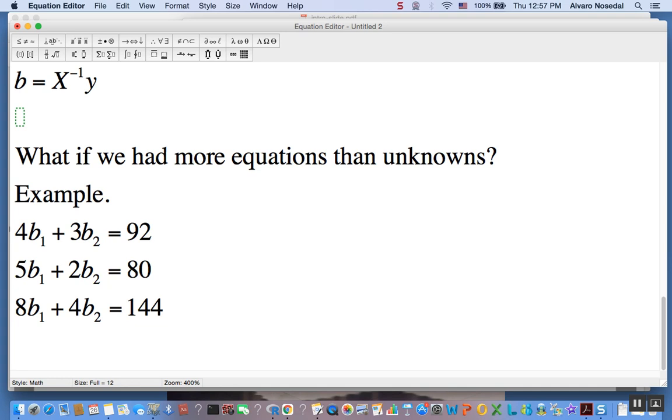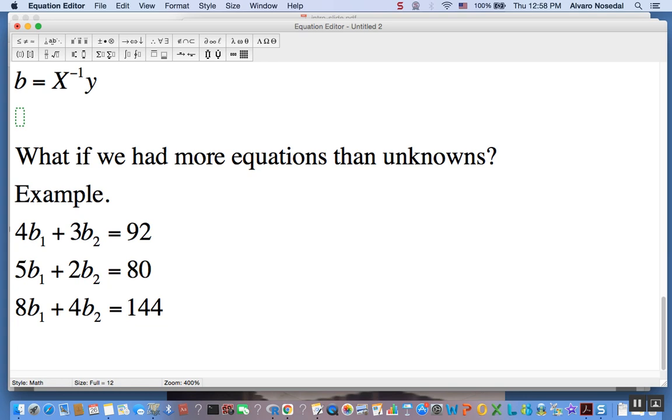So we can't use Cramer's rule or the inverse approach, because those work only when we're dealing with square matrices.